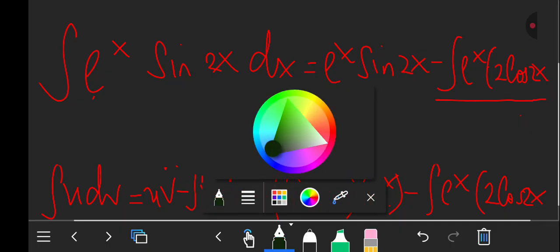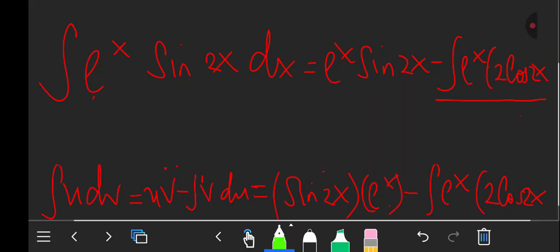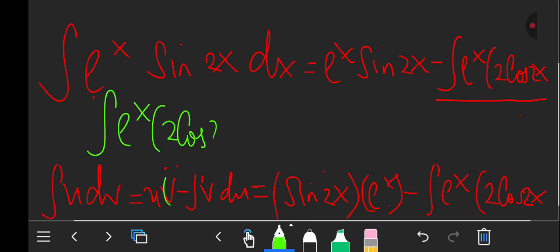Okay, so I can now integrate this function. To integrate that function, this is what I'm going to do. Let's have the integral of e to the power x times 2 cos 2x. So even this one, I'm going to use integration by parts.